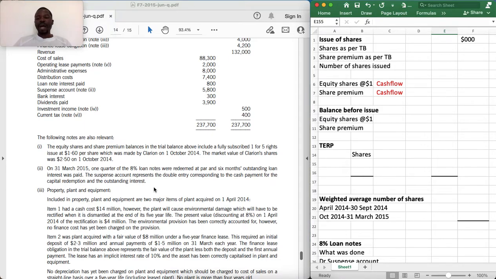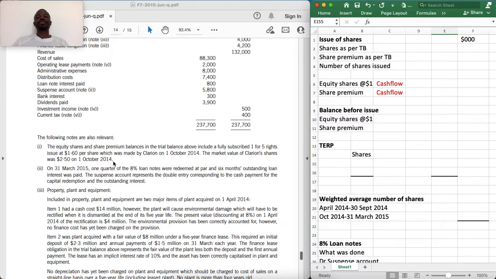Now, note number 1. The equity shares and share premium balances in the trial balance above include a fully subscribed 1-for-5 rights issue at $60 per share, which was made by Clarion on 1 October 2014. The market value of Clarion's shares was $2.50 on that date.